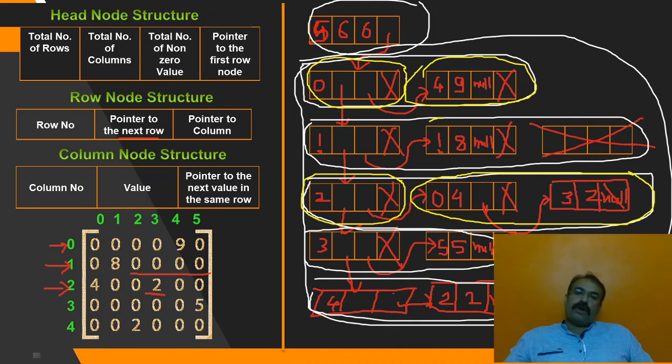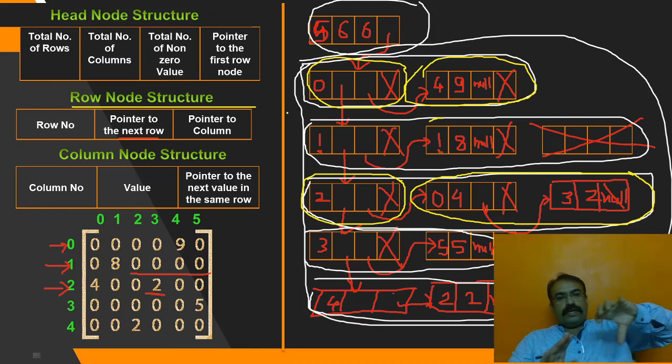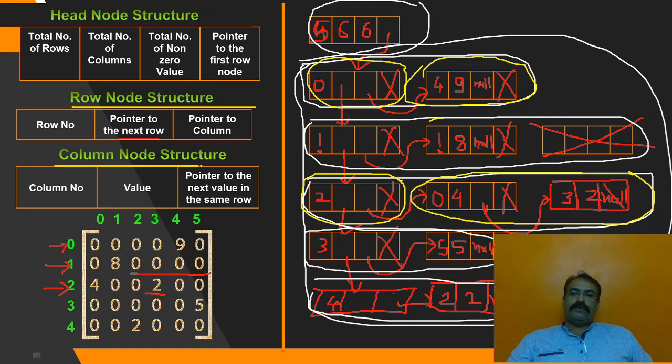So list of list. So there are 3 nodes. Head node will point to the whole structure. Row node will point to the list of column nodes which are holding the information about those non-zero values, and column node individually is holding one non-zero value information.